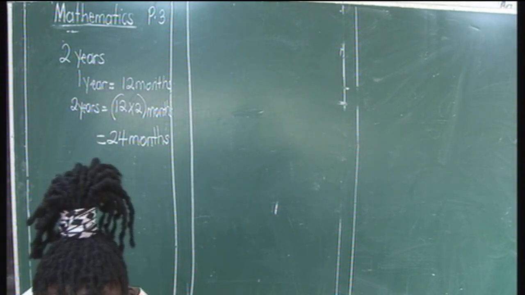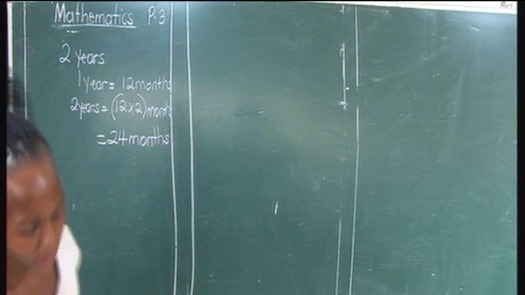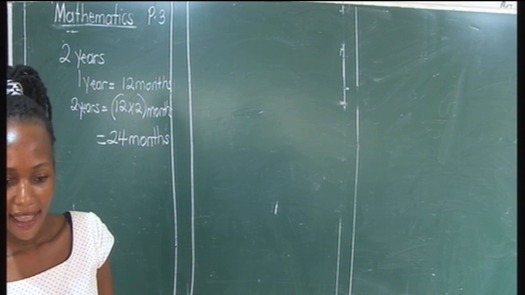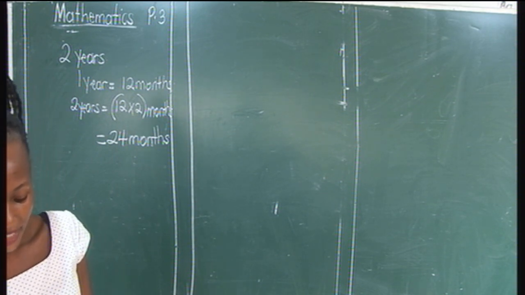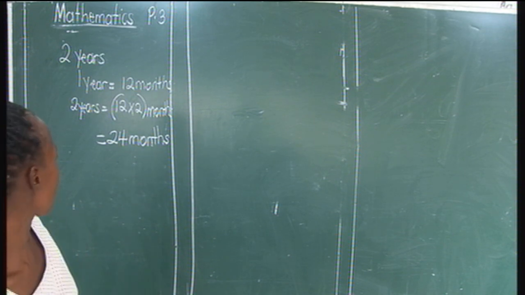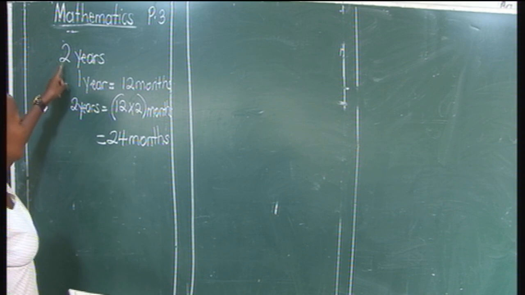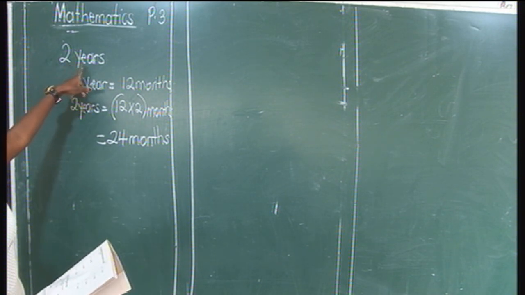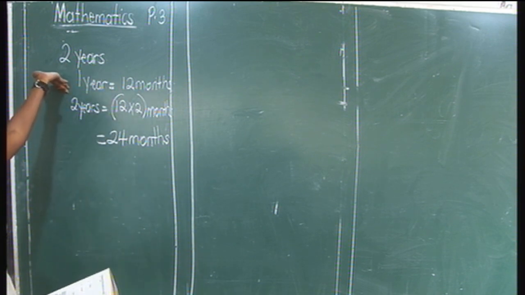Let's go to page 9. They've told us to change the following years to months. The first one, part A, is even here. Because when I look at part A, they've given you 2 years, and that's what I've even put here.